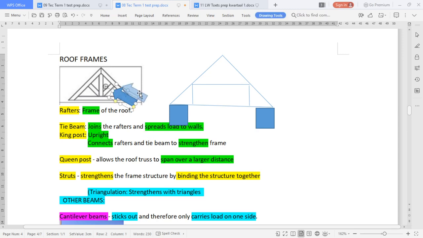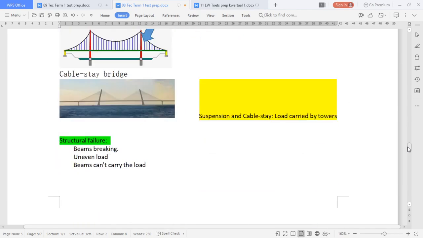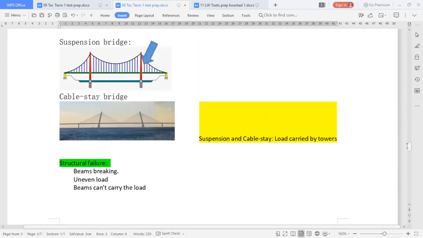We can also have another reason for structural failure. Let's say this beam is very weak. This rafter has been eaten by termites, and therefore it's weak and it breaks. So you can see there are many different reasons for structural failure.